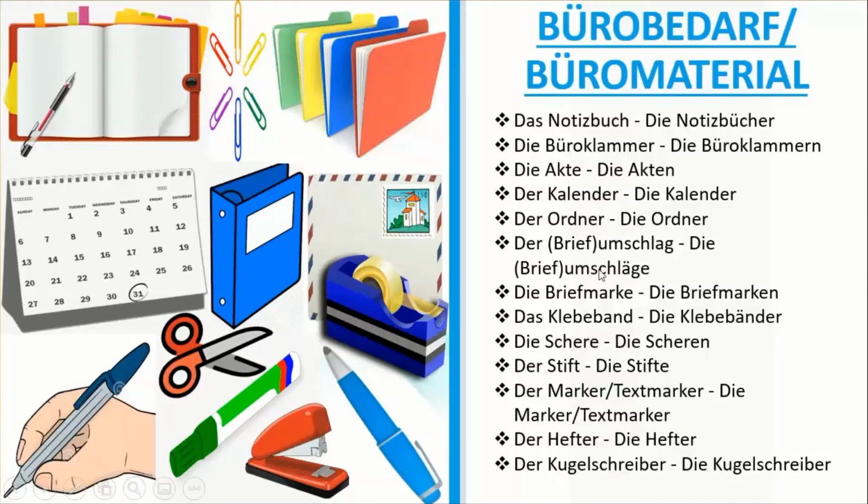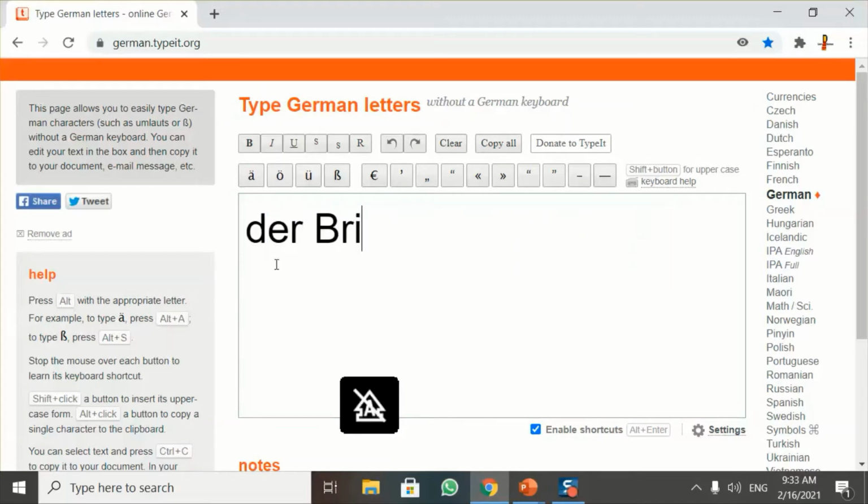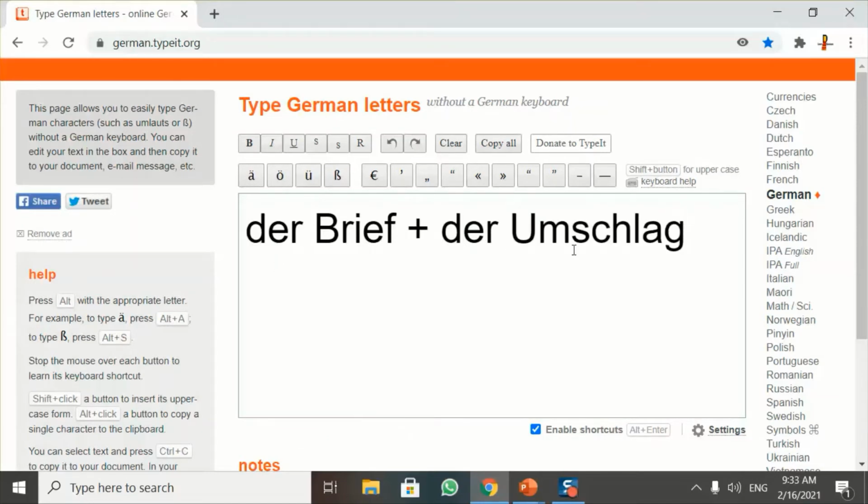Then der Briefumschlag, singular, die Briefumschläge, plural. Once again, this is a compound noun made up of der Brief and der Umschlag, the letter and the envelope.